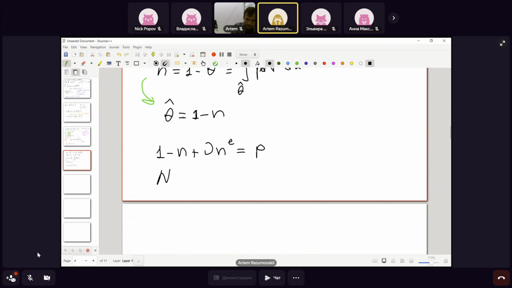From Nash equilibrium, we know that what is expected is supposed to be equal to what really happened.